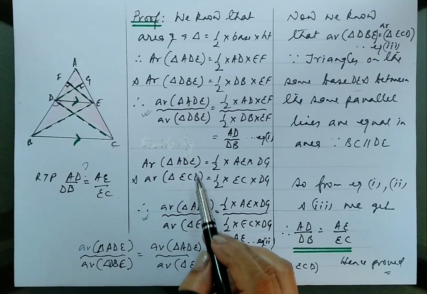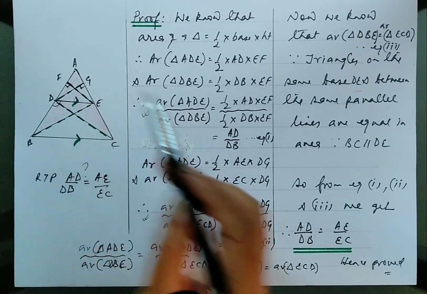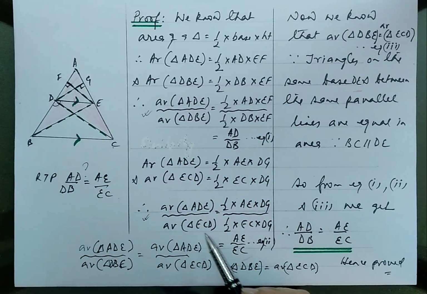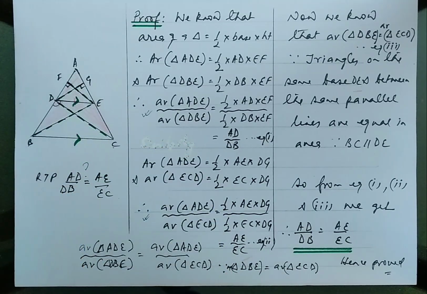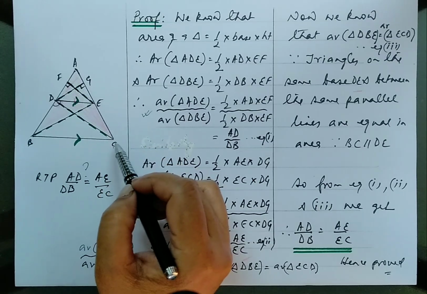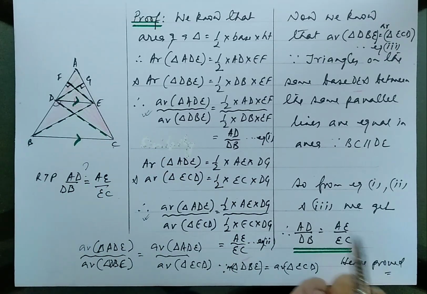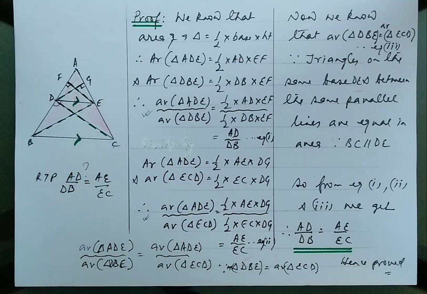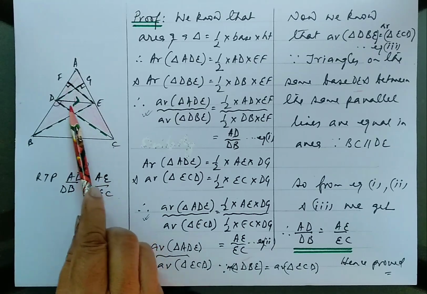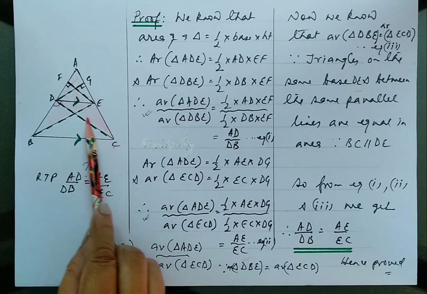And we did exactly the same. We picked up ADE again, because AE happens to be a part of ADE. Now we want EC also, isn't it? Which means this triangle will be taken into consideration.